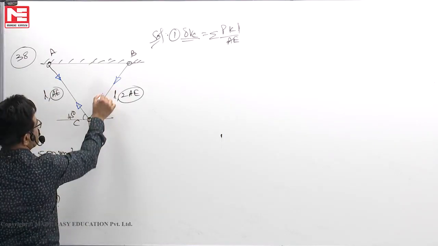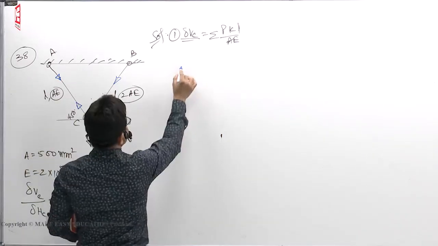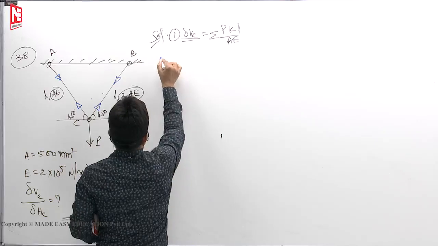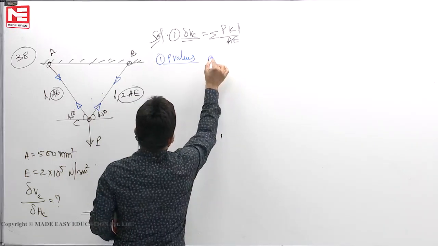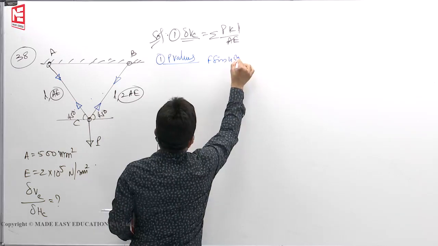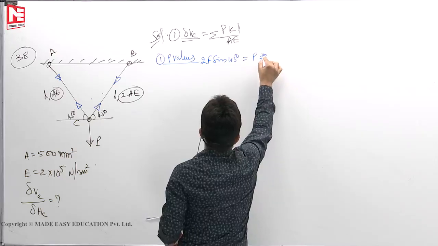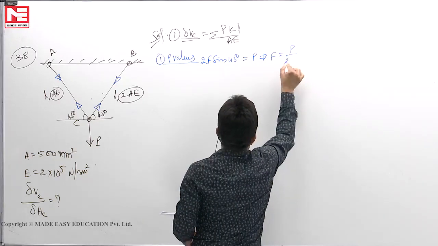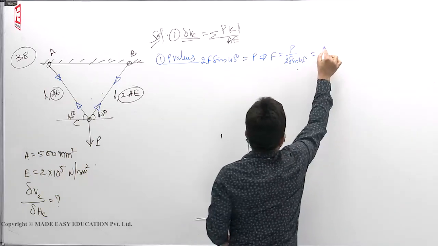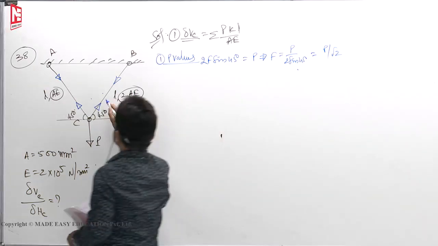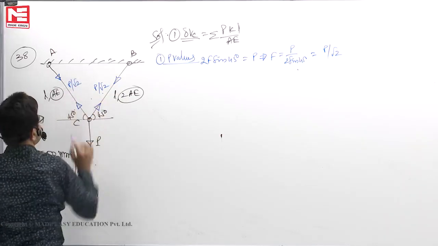F sin 45 plus F sin 45 must be equal to P. So 2F sin 45 is equal to P, so F is P by 2 sin 45, so 1 by root 2. So you will get P by root 2. So this tensile force is P by root 2 in both members.